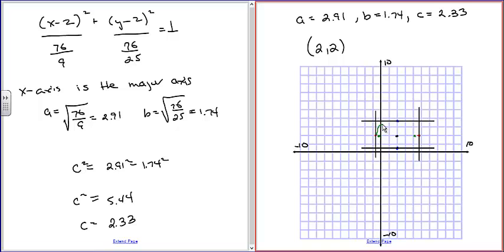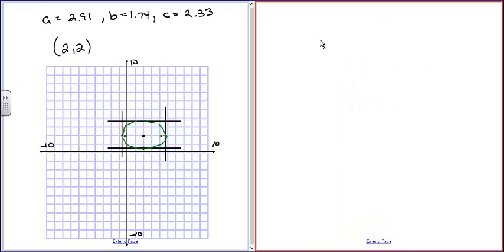And so here's the ellipse. Okay, now we know the center. I already wrote that down. Center is 2, 2. The vertices.